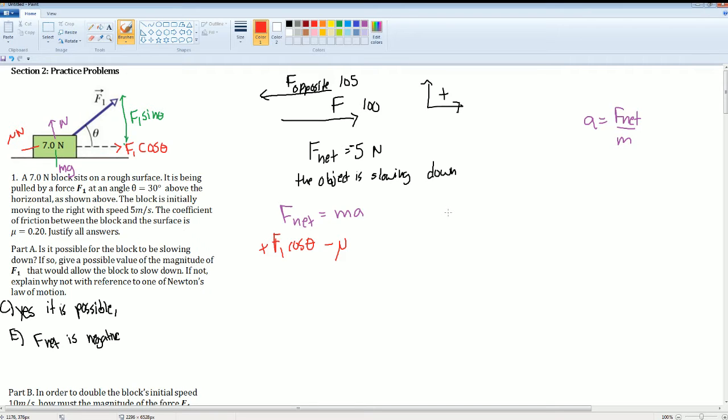The normal force on the block is 7 newtons minus 1. We have the mu, and then the normal force, which is just mg.